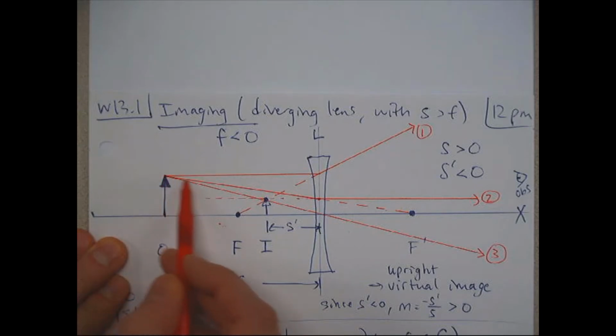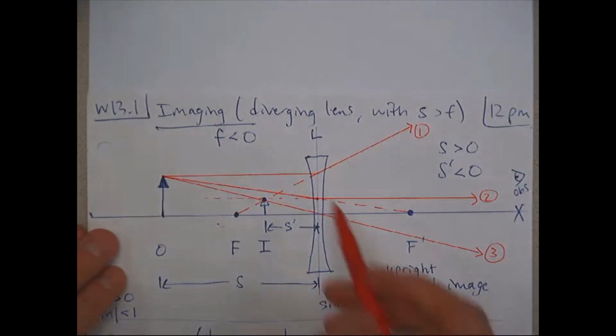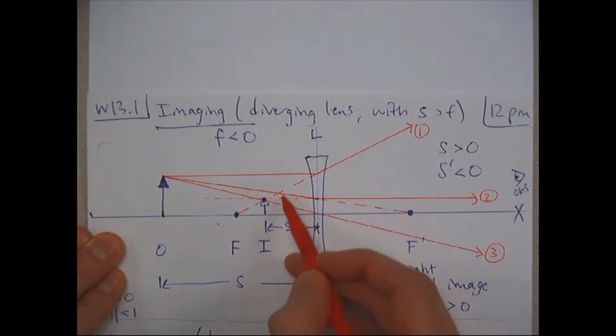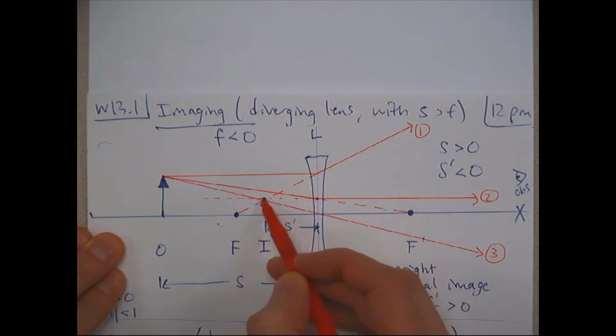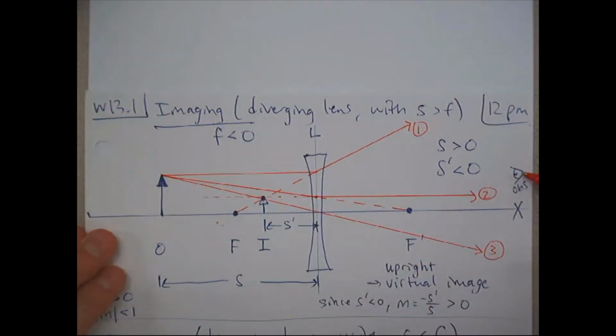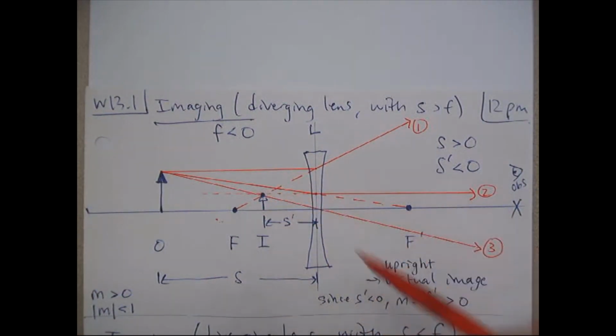And always the easiest is honey badger, which goes straight through. And you can see now that the actual light ray 3 plus 1 and 2 appear to emanate from the same location here, and this observer would see a virtual image on the left side of the lens.